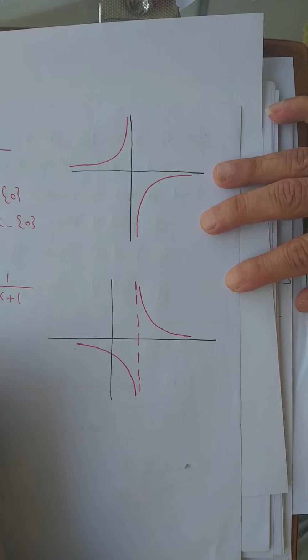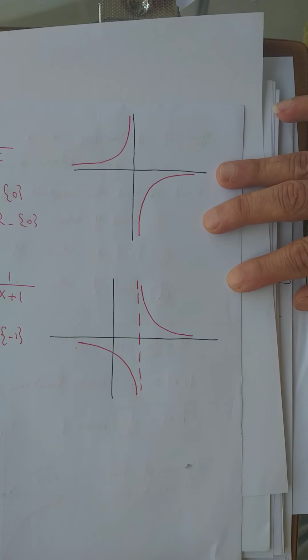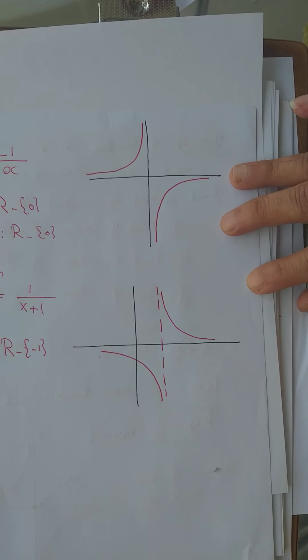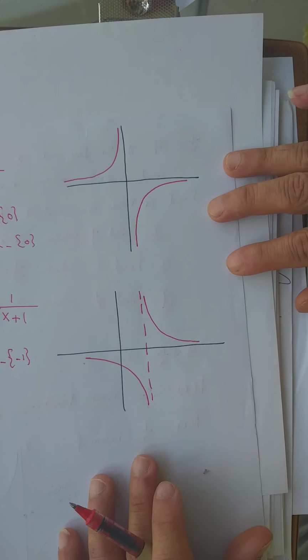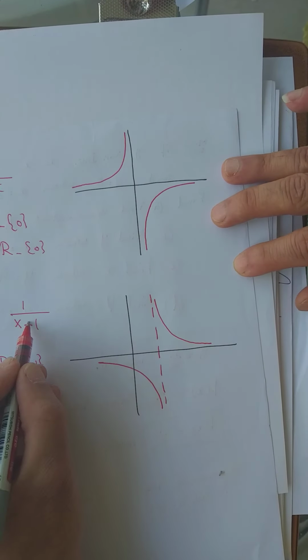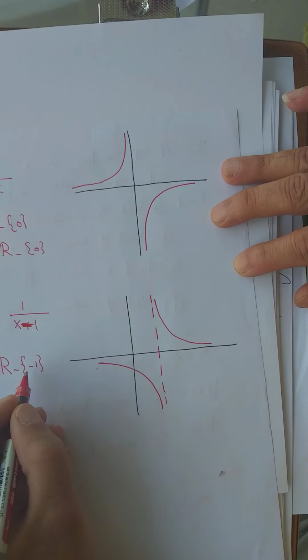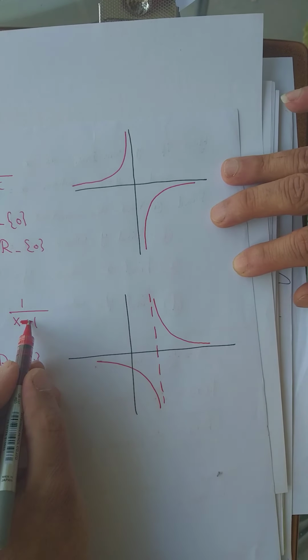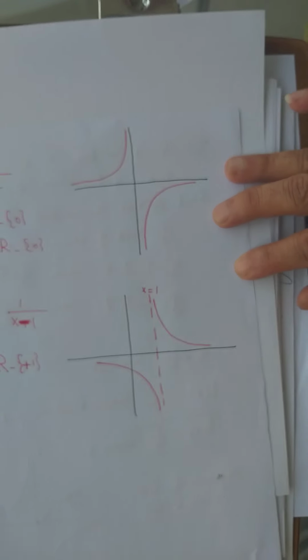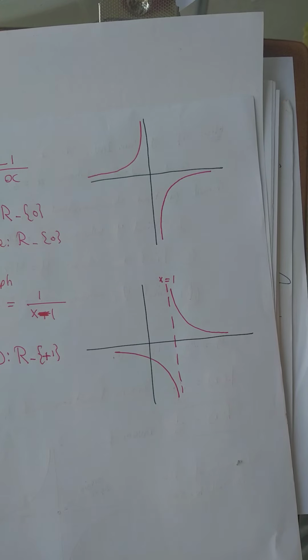The domain is real numbers except negative 1. We can put for x any number except minus 1. Okay? Thank you. That's all for today.